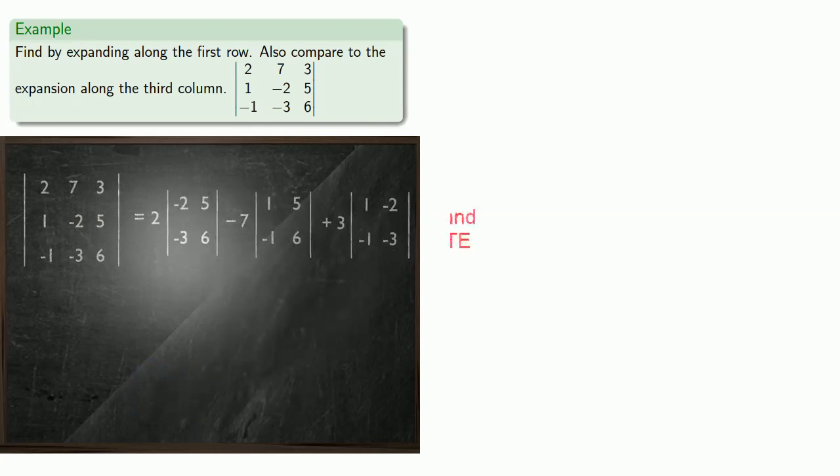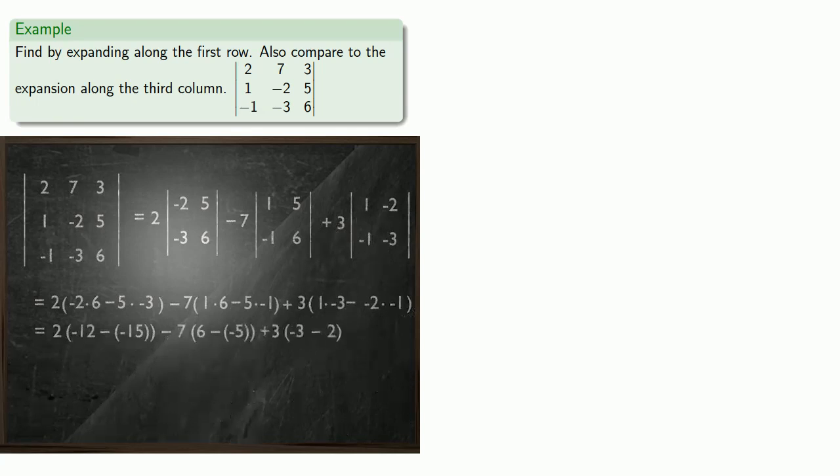Finding our determinants, and adding or subtracting as appropriate gives us our determinant, negative 86. And again, because we can find the determinant by expanding along any row or column, maybe we expanded along the wrong one and got the wrong value.